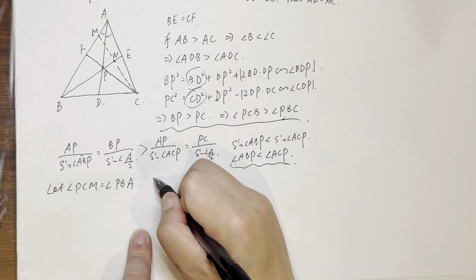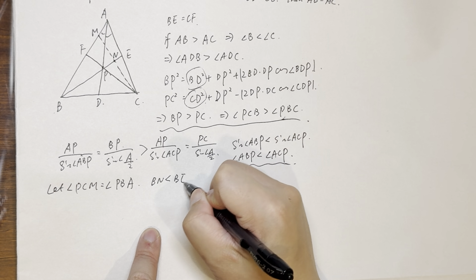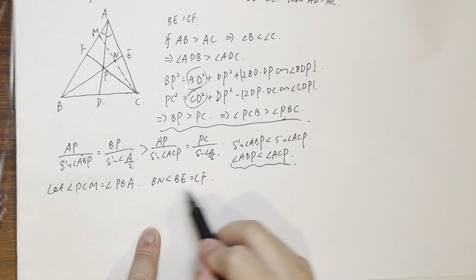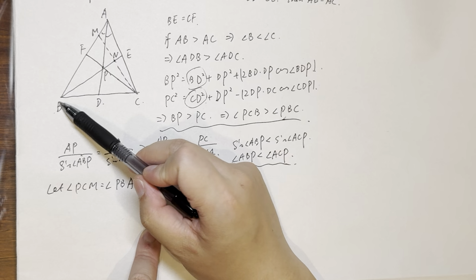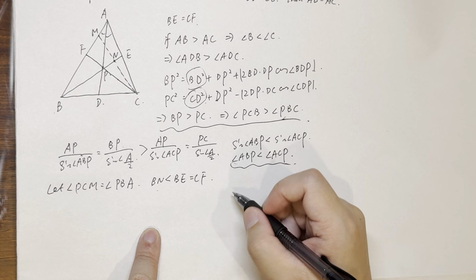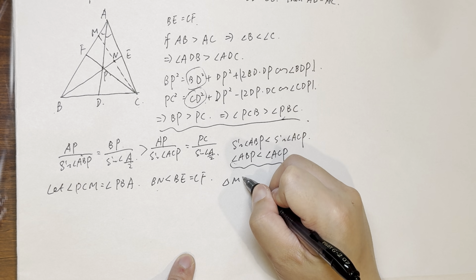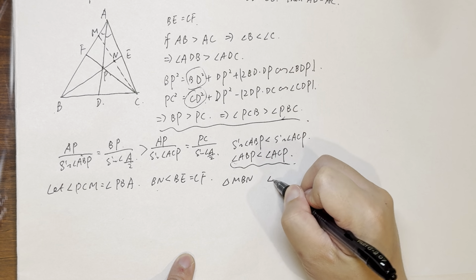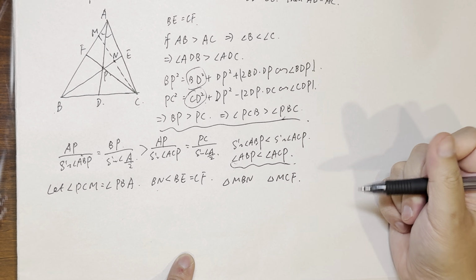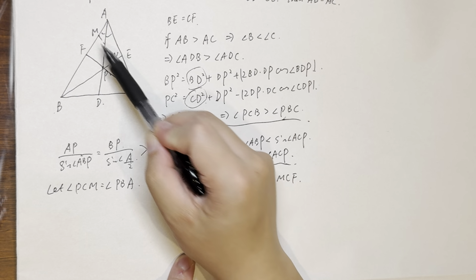So we know that BN is less than BE, which equals CF. So BN is less than CF. And in the triangle, if we look at the triangle MBN and the triangle MCF, the angle BMN equals angle CMF.